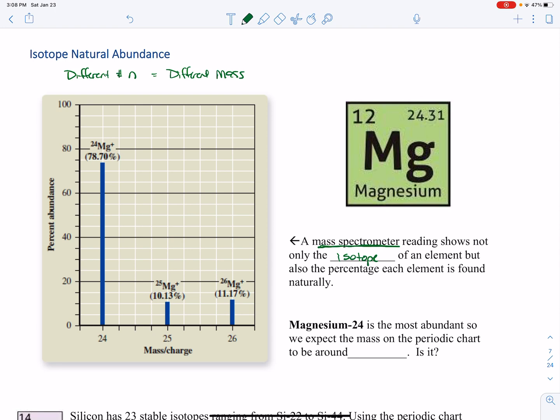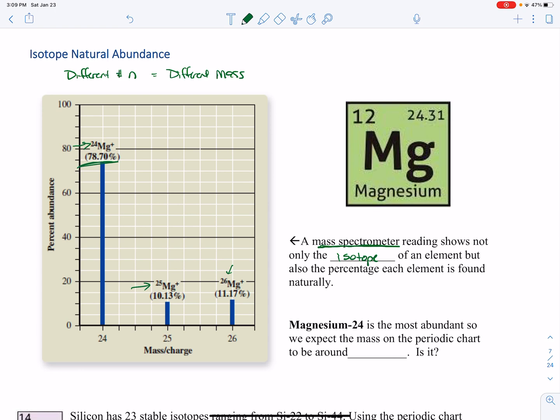So if you got 100 atoms, which would be really hard to do, 79 of them would be magnesium 24, that's the protons and the neutrons. Then 10 of them would be magnesium 25, and 11 of them would be magnesium 26.